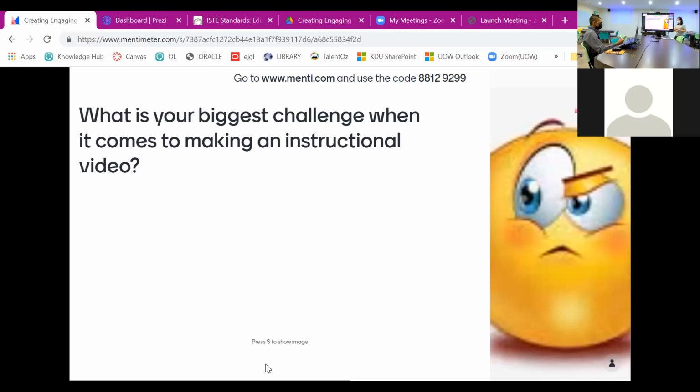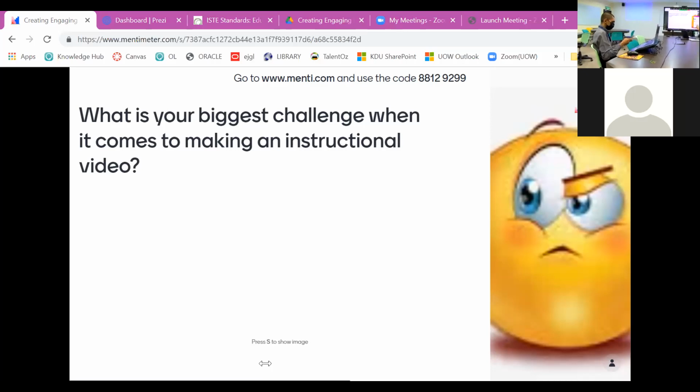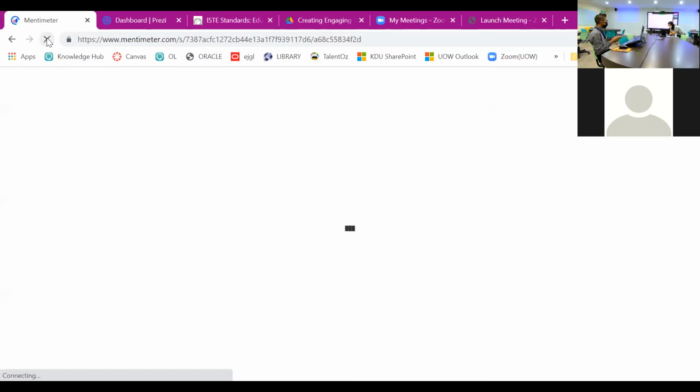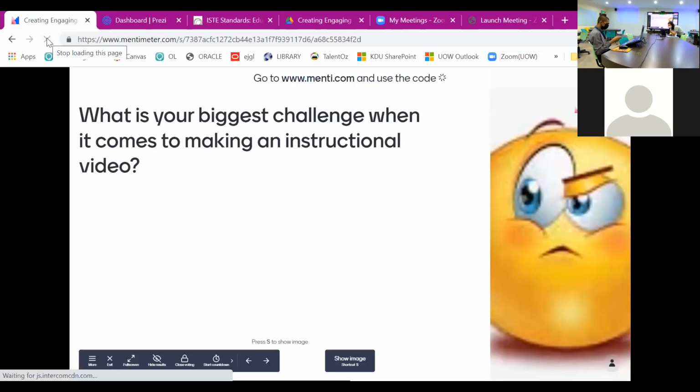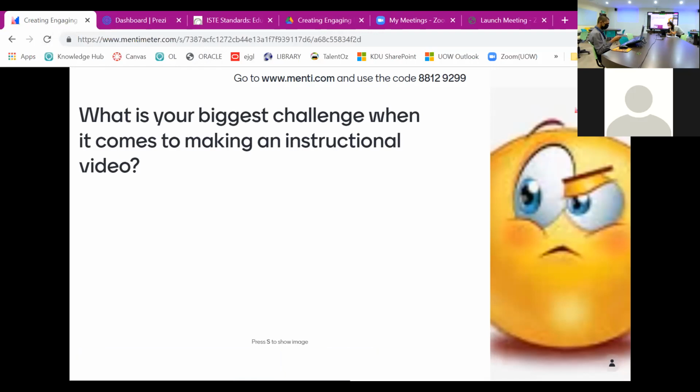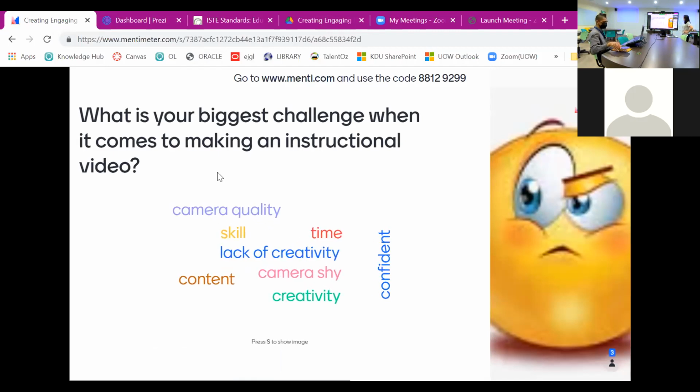So if you did not close your Mentimeter just now, you should be able to see the next question that pops up. So we have a few things here.